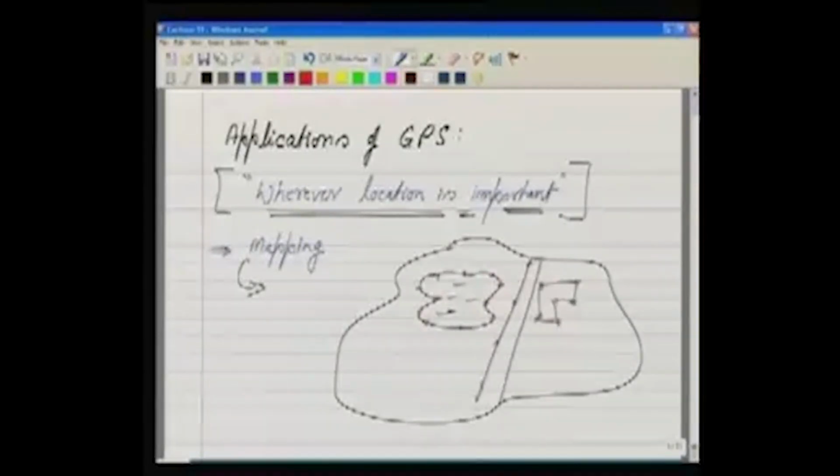So once I'm occupying these locations, I'm getting the coordinates, and then later on I can go to any CAD package or any plotting package, or maybe a simple drawing sheet, and I can plot those coordinates, join them and give the proper legend or the symbol. For the house we'll give the symbol of the house, for the water body a symbol, and so on. So the map is ready.